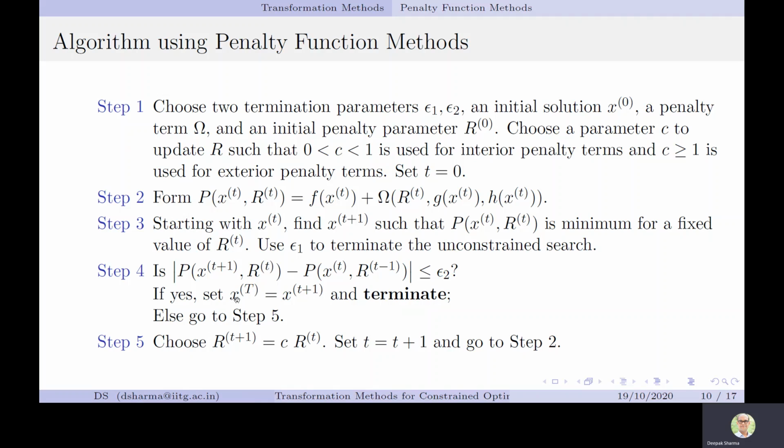And we can say that capital X of capital T is the new point. Otherwise, we are going to update the value of R in step 5, depending on the interior or exterior penalty method. And finally, we increase the counter t by 1. And then we go to step 2. Again, we will be making this penalty function, solving it to get the new point.